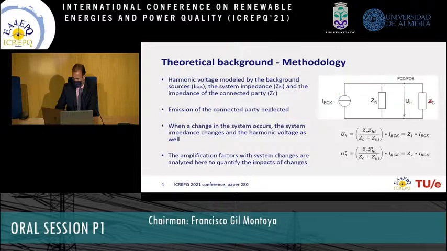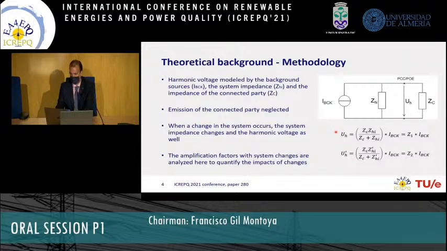Now, in this model, we neglect the emission of the customer connection, and that's usually also relatively low, but it is an assumption that most of the harmonics actually come from all of the other connectees in the network, and these background harmonic levels are then amplified or damped based on the impedance interaction of the system and the customer connections, and that can be specified in this formula. I will not go into the mathematics for the sake of time, but also because this is already present in the literature.